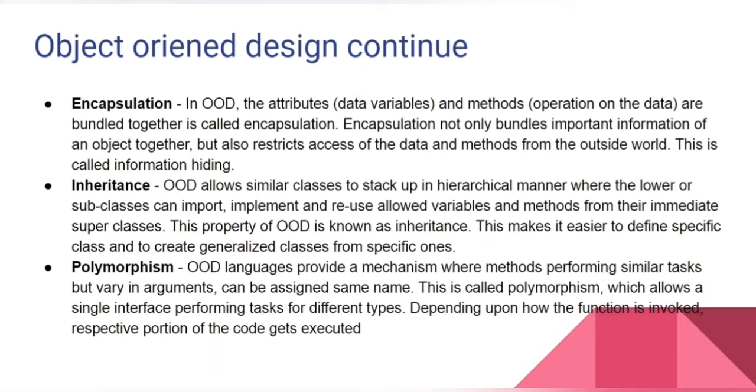The second class is called the child class or the subclass, and the parent class, the father or mother class, is called the superclass. They have a lot of names. This property of objects is known as inheritance. This makes it easy to define specific classes and create generalized classes from specific ones. So we derive classes from one another as we are expanding our system. This is called inheritance.